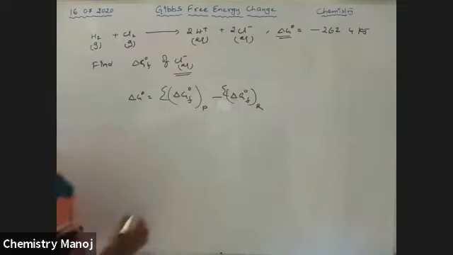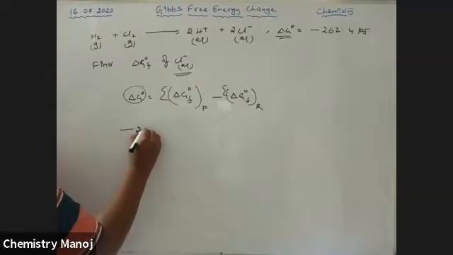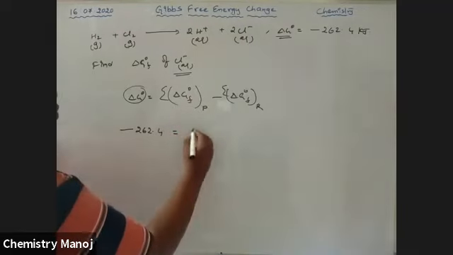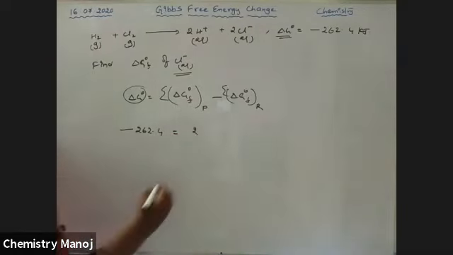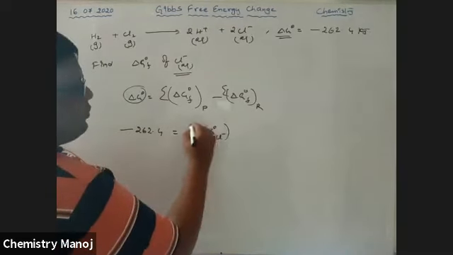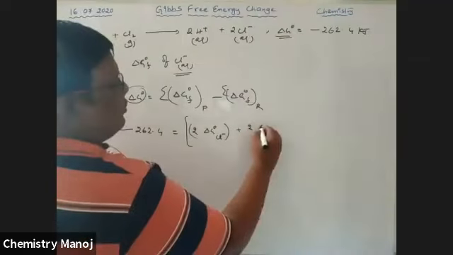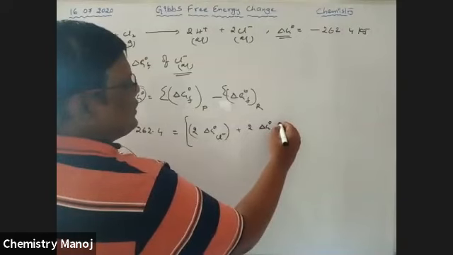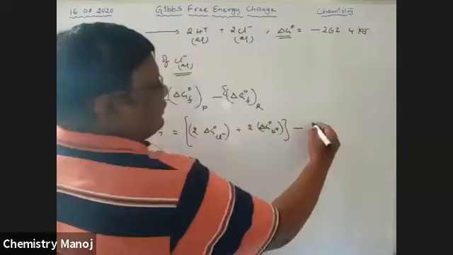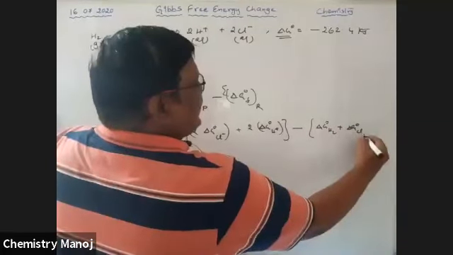That value is minus 262.4 kilojoules, equal to products: 2 times delta G naught of Cl- plus 2 times delta G naught of H+ ion, minus delta G naught of H2 plus delta G naught of Cl2.